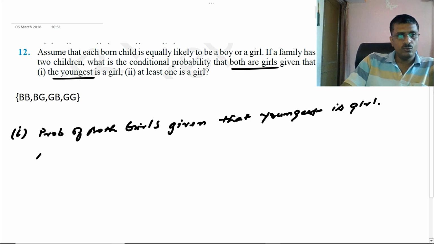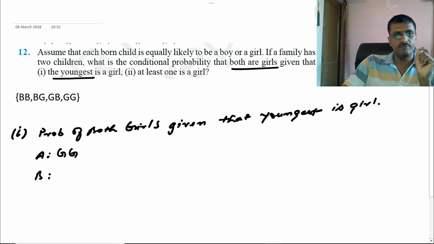Now, if you go for A, the event we are looking for the probability of wants both girls, right? Now, if you want B, it says the youngest child, the child born at the second place, is a girl. There are two cases here satisfying this condition.